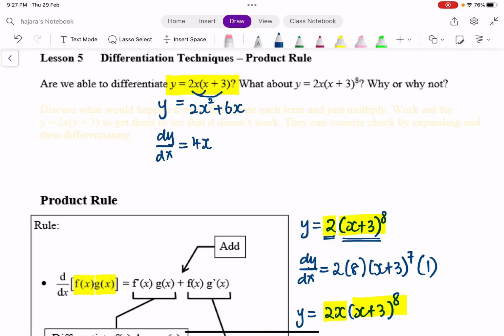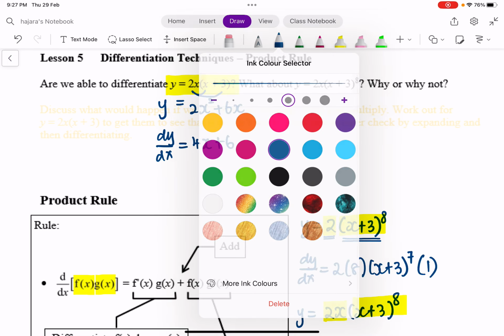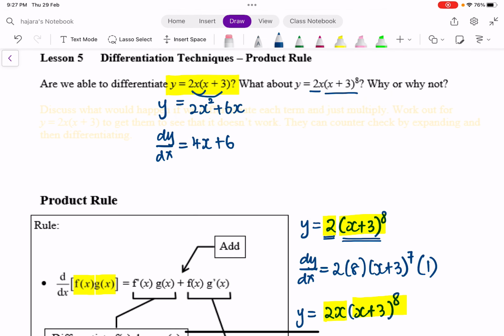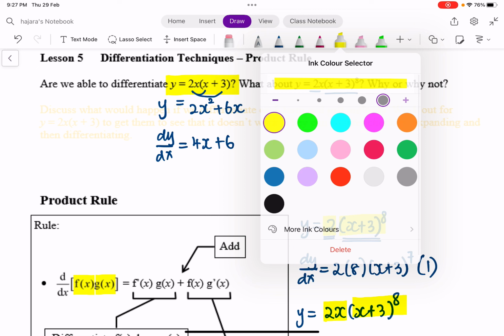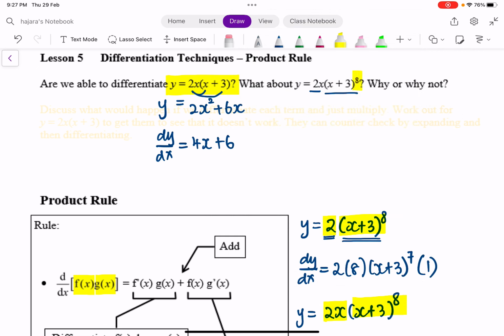So we will get 4x plus 6. Whereas in this example, 2x times (x + 3) power 8, we will not be able to do this expansion because this is a power 8. So unless you want to use binomial theorem to expand this out fully and then multiply the 2x to each term, an easier way would be then to use product rule to do this differentiation.